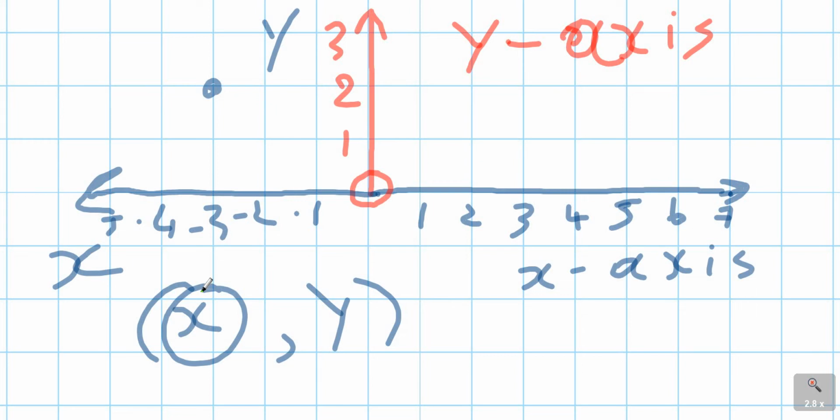So if we were to look at this Cartesian plane, look at the point, look where the point is corresponding on the x-axis and the y-axis, then the first unit that we will write is -3. And then this is corresponding to 2.